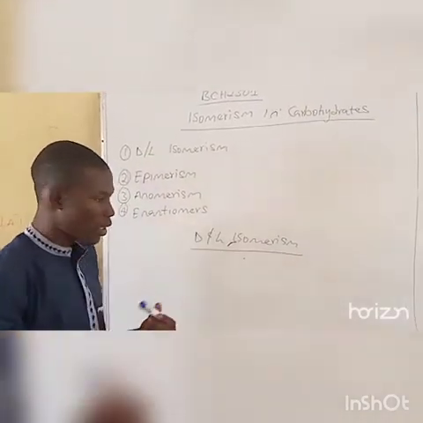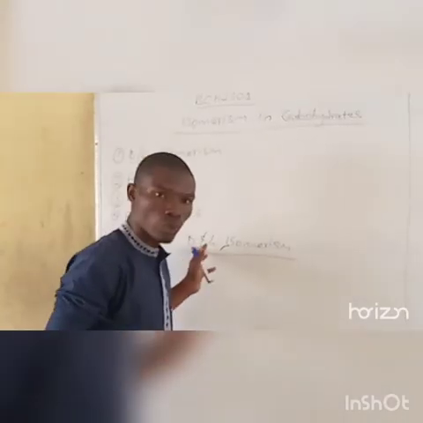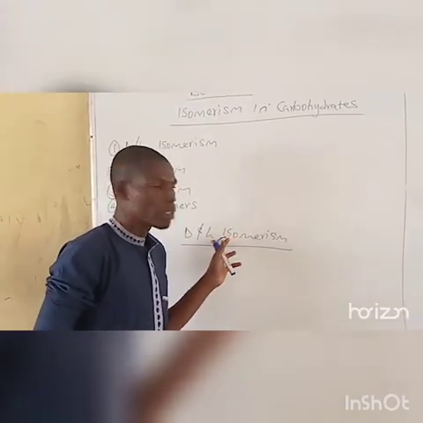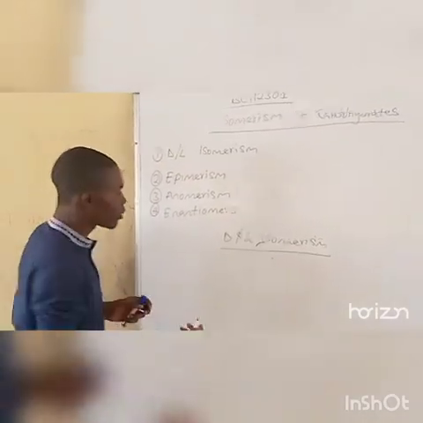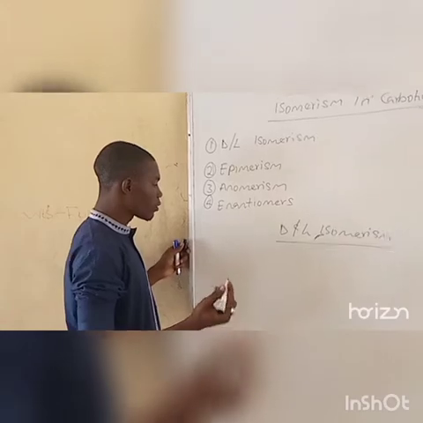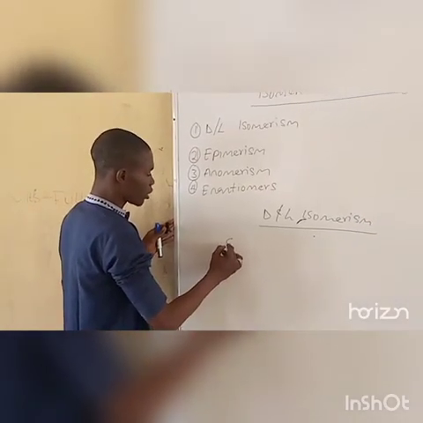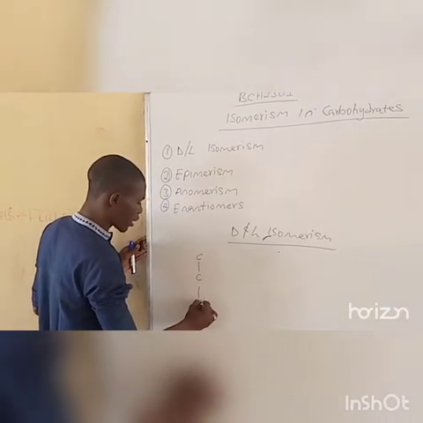In the D and L isomerism, D simply means dextro-rotation and L means levo-rotation. So now let's take a compound, glucose. We love using glucose as an example. Let's start with a 3 carbon atom compound, which is glyceraldehyde.